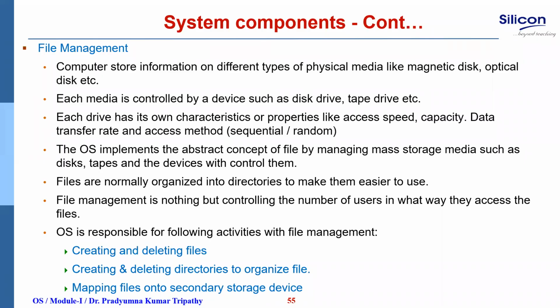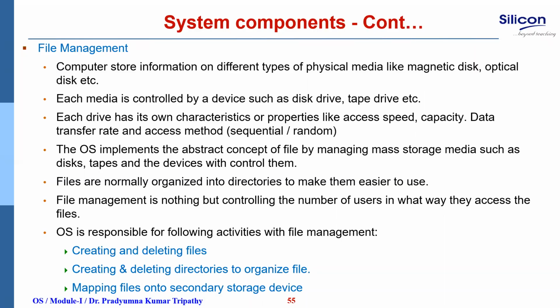Each of these physical media that we have discussed is controlled by a disk drive, tape drive, etc. Each drive has its own characteristics or properties like access speed and capacity.